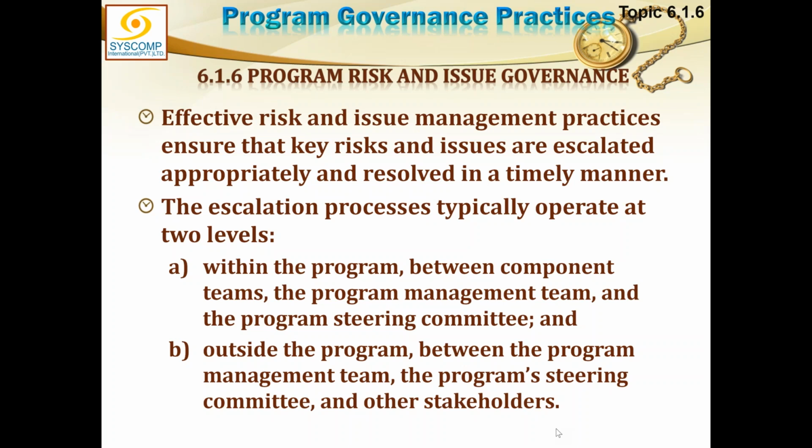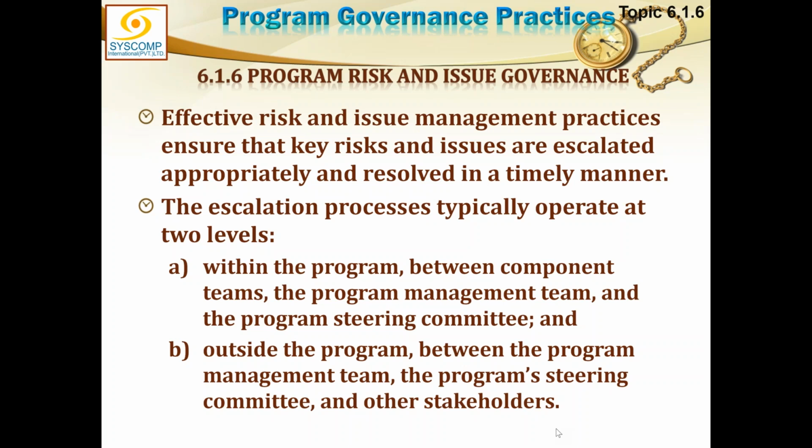And if even the program steering committee, which is the highest level within the program, could not resolve it, then it will be escalated outside of the program. That is between the program management team, the program steering committee, and other stakeholders, higher level or whatever stakeholder. So this is the whole wide world.